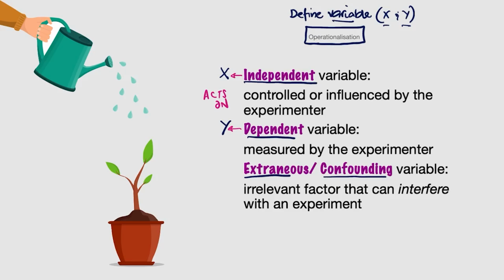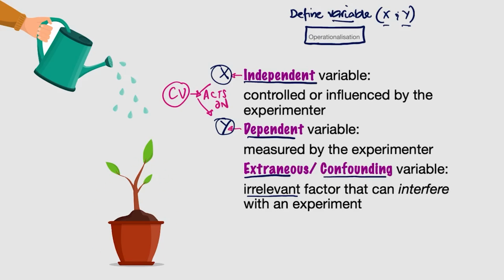You have to design an experiment in such a way that you're absolutely certain that it's actually X which has caused a change in Y. Because if any sort of irrelevant factor gets in the way of your experiment, that irrelevant factor, let's call it CV now for confounding variable, if CV gets in the middle of this, then it might just be that the confounding variable is responsible for the impact on your dependent variable and not your independent variable, which is X. So to understand this better, let's talk about this watering can and this plant right here.